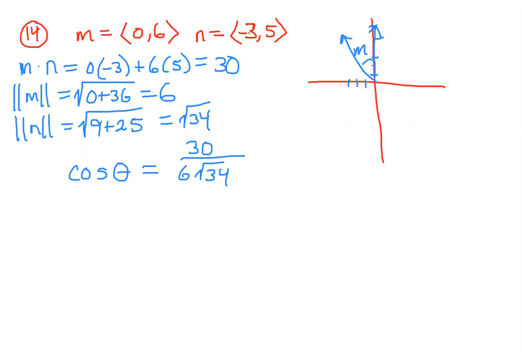And you get inverse cosine of 30 divided by 6 times the square root of 34, and you get 30.96 for theta. And that's your answer for your angle. And it makes sense. That looks about right.